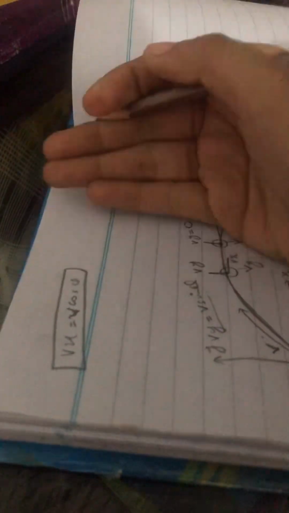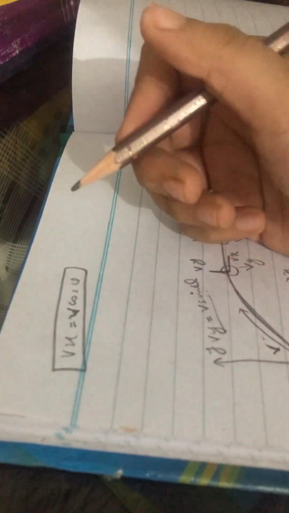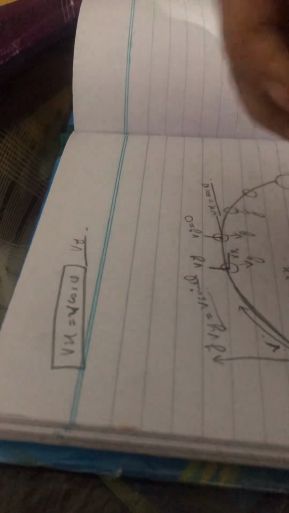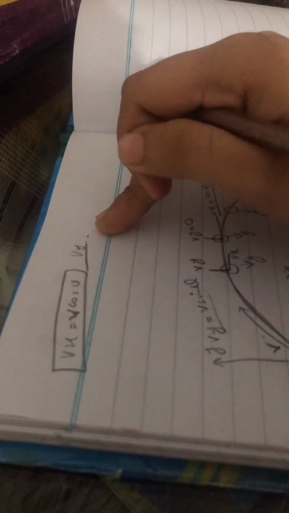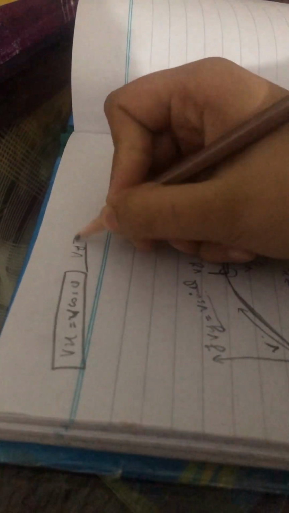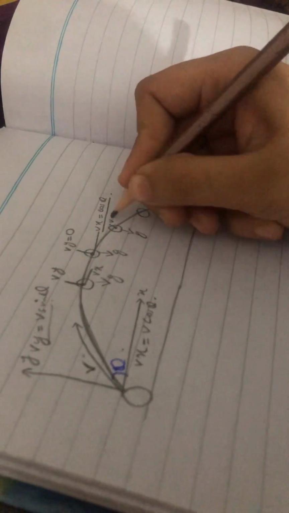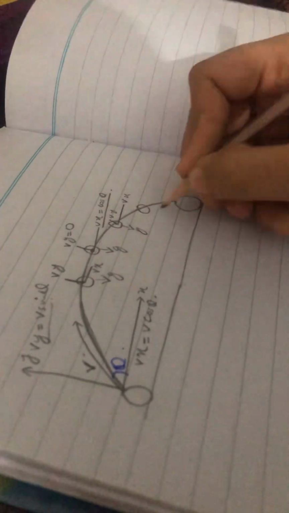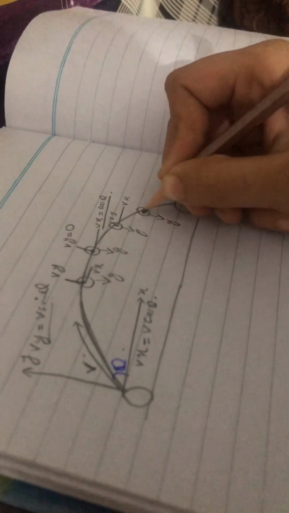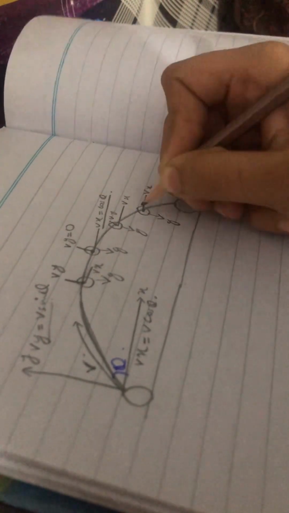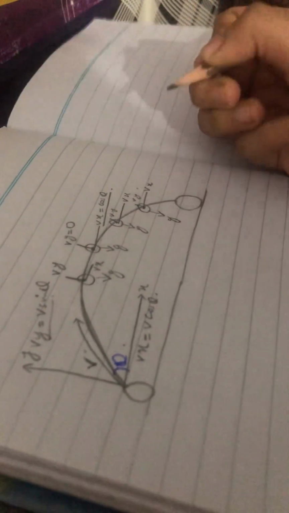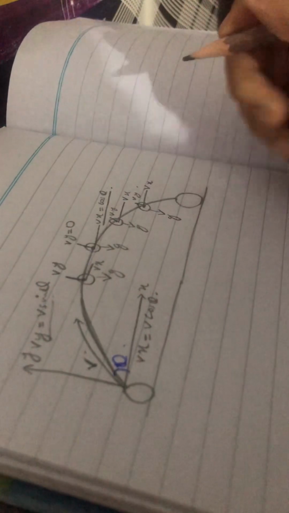Vx velocity will be constant everywhere, so that's why acceleration is 0 here. But Vy is variable, it is not constant, and at the highest point it is 0. Here Vx, and here Vy, and here it's g, gravity. So this we have discussed before, right?